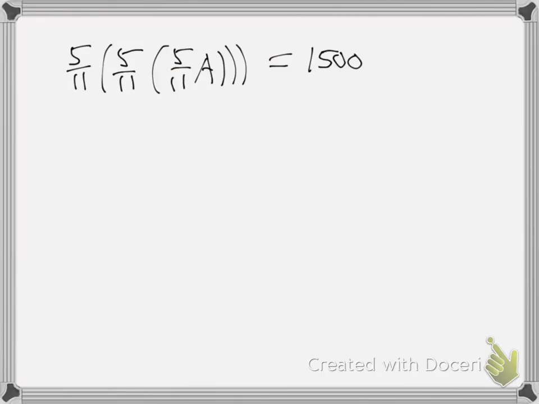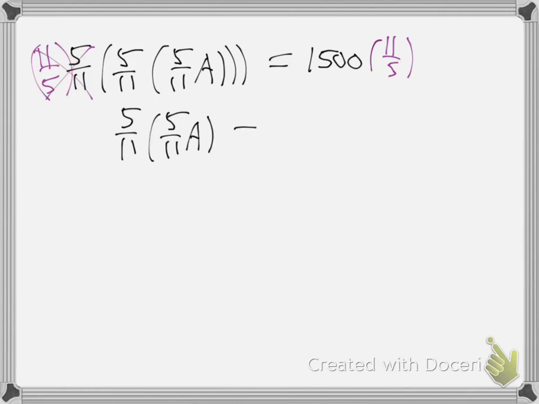How do we do it? Well, we just keep getting rid of the fractions. We multiply by 11/5 on the front. Cancel, cancel. We get 5/11 times 5/11 A. The other side, what's that going to be? Use your calculator: 3,300. Then we've got to get rid of another 5/11, so we multiply by 11/5 on both sides again.